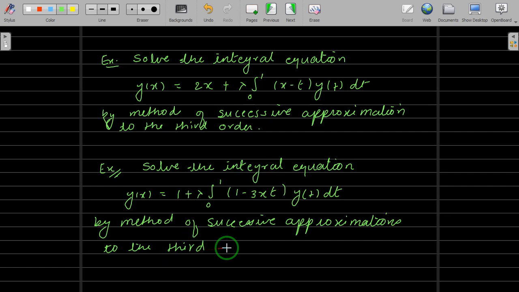So you try to solve this up to third order. So try to get these solutions. In the next class we will see some other modified methods to get the solution.